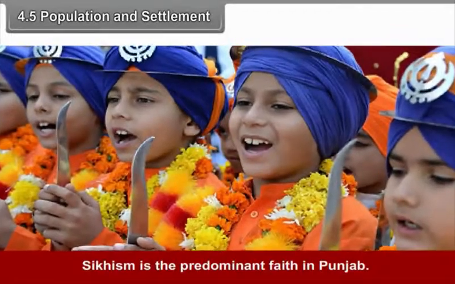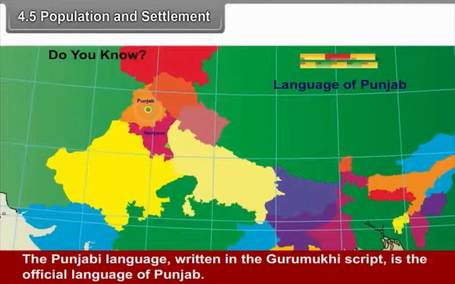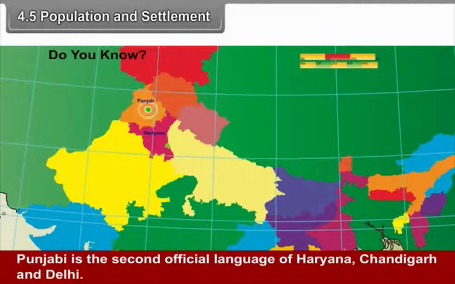Sikhism is the predominant faith in Punjab. The holiest of Sikh shrines, the Sri Harmandir Sahib Golden Temple, is in the city of Amritsar. Do you know the Punjabi language written in the Gurmukhi script is the official language of Punjab. Punjabi is the second official language of Haryana, Chandigarh and Delhi.